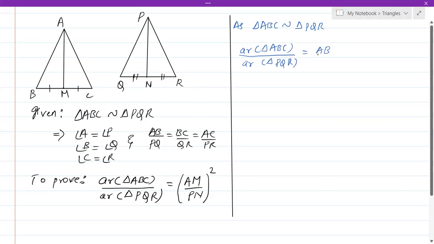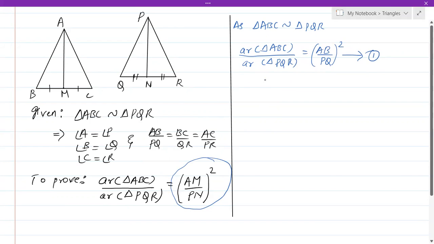Let's take only the first one, area of triangle ABC by area of triangle PQR is AB by PQ the whole square. We also get the other two, BC by QR the whole square, AC by PR the whole square. But let's take only one. Let's take it as equation 1. Now, instead of this AB by PQ, we should have what? AM by PN, isn't it? Instead of AB by PQ, we should have AM by PN.